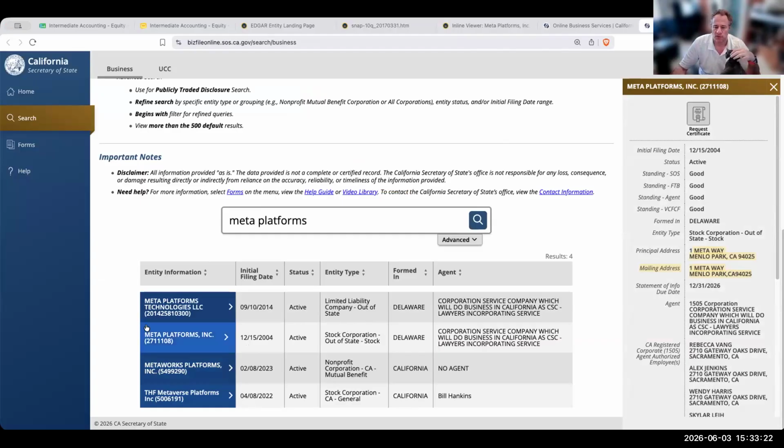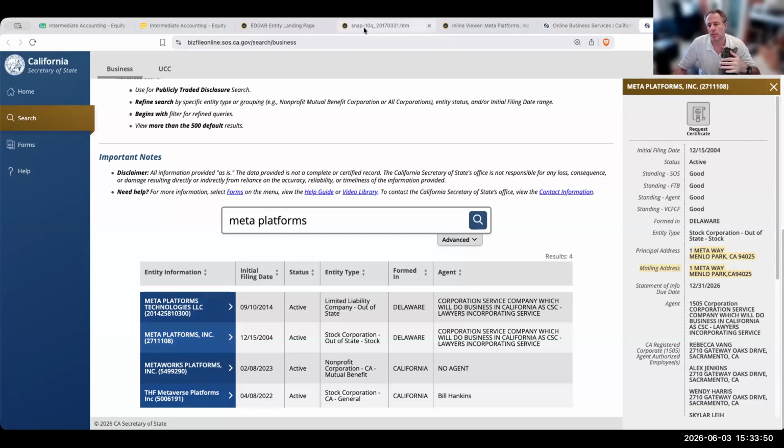And it will be registered as what we call a foreign corporation. Does not mean it's overseas. That would be an alien corporation, not Alien Romulus or Alien versus Predator, but just an alien corporation. And so when you have that, we would say that Meta is domesticated in Delaware, but they are a foreign corporation in California.